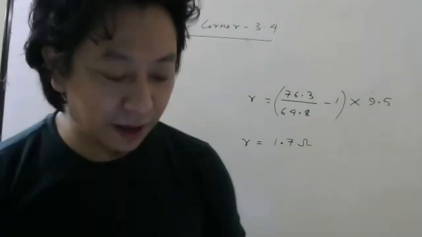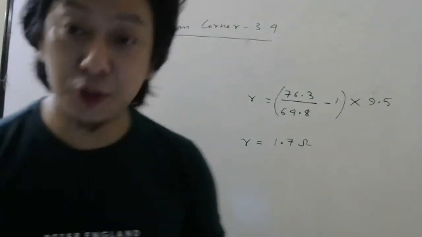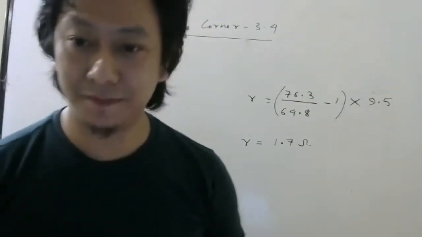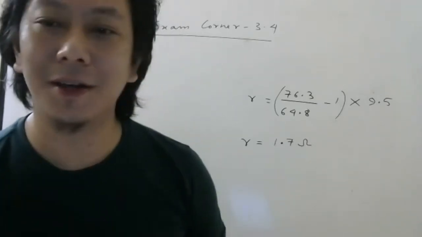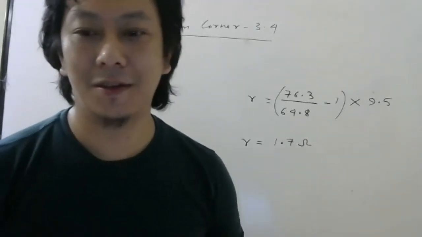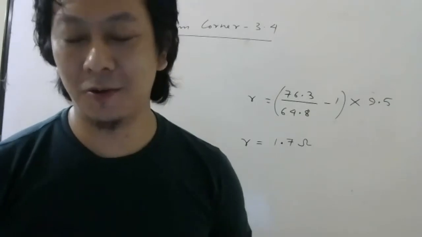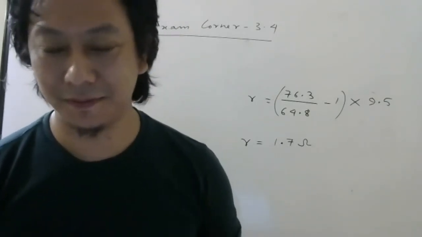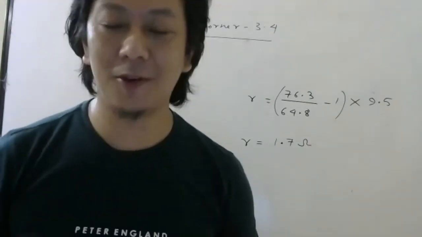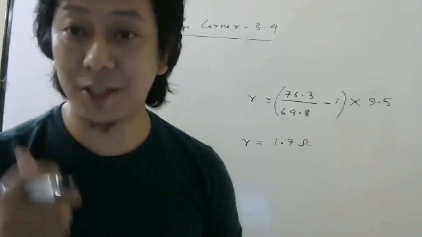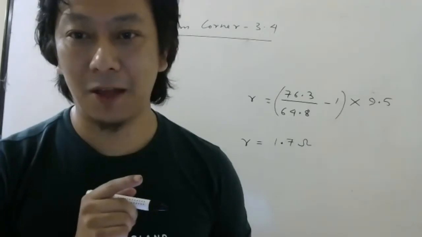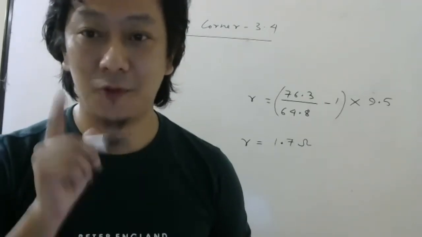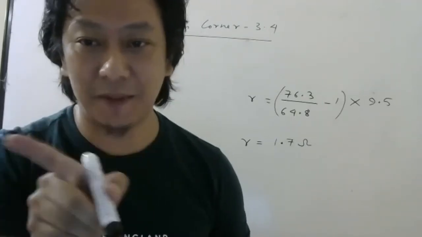Would you prefer a voltmeter or a potentiometer to measure EMF? Tell me, voltmeter or potentiometer? What will you use? Potentiometer. Why? Because potentiometer is based on balance condition, balance point, whereas voltmeter is based on the deflection method.